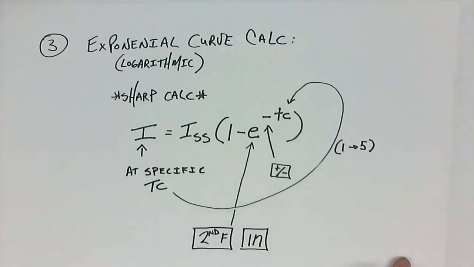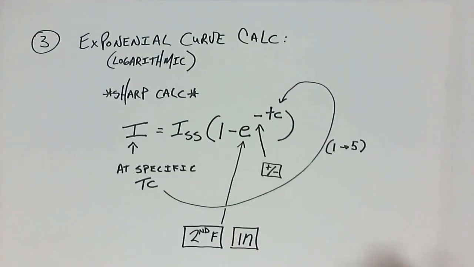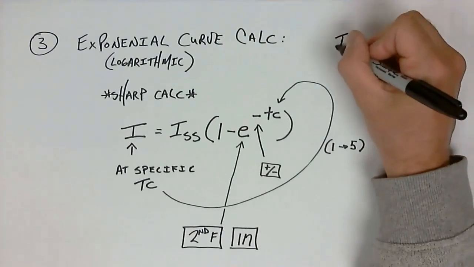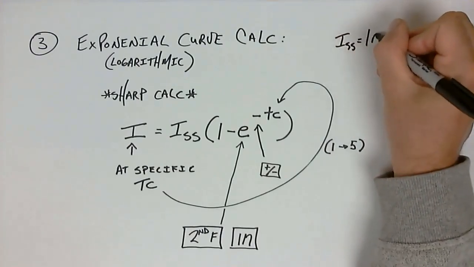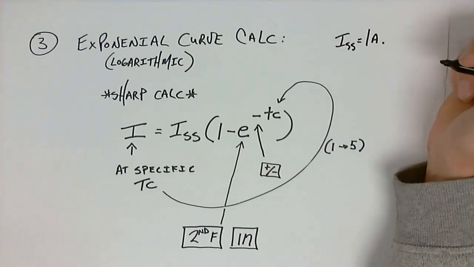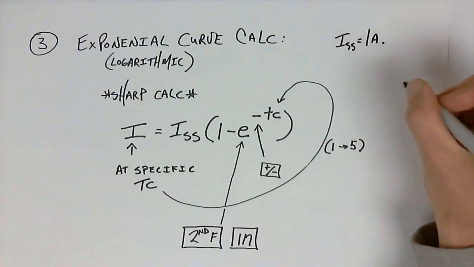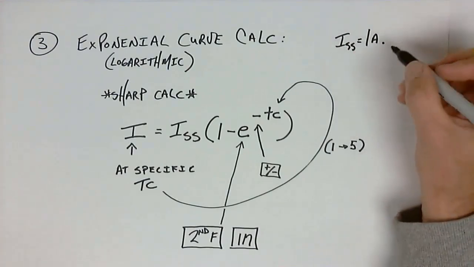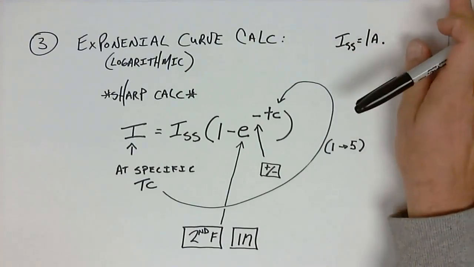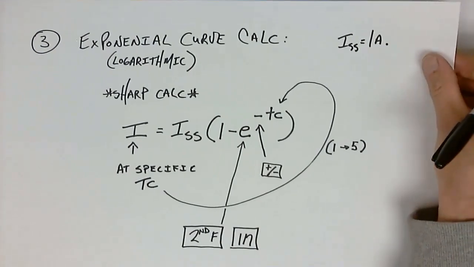So if we wanted to calculate for our example of having a steady state current of 1 amp, and we wanted to calculate how much current would be flowing in that circuit at the third time constant, well, it's quite a simple procedure.